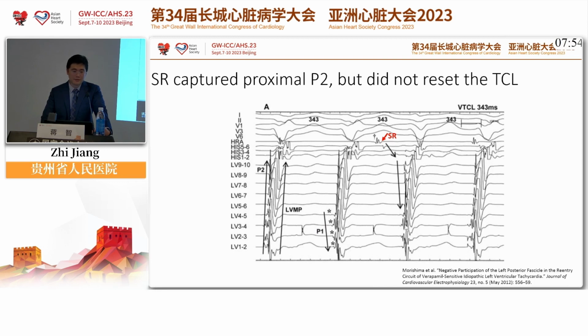The distal P2 signal was not captured. The P1-P2 interval, the cycle length, was not reset by the proximal capture of the P2. So they postulate the proximal left posterior fascicle was not the retrograde link. It's not relevant.